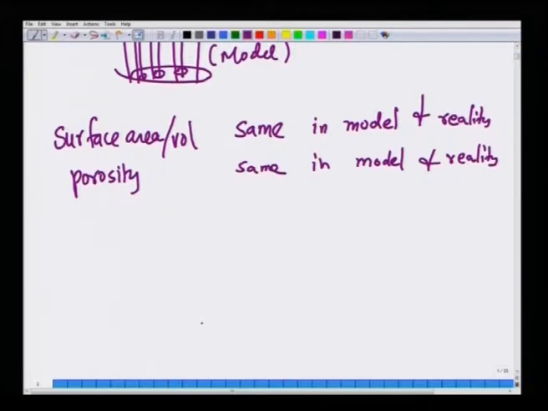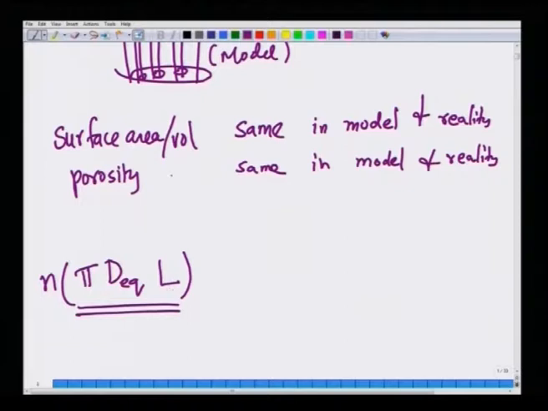Let us first equate the surface area. Let n be the number of such tubes. Pi d equivalent times L is the surface area of a single tube, where d equivalent is the equivalent diameter and L is the length of the tube.